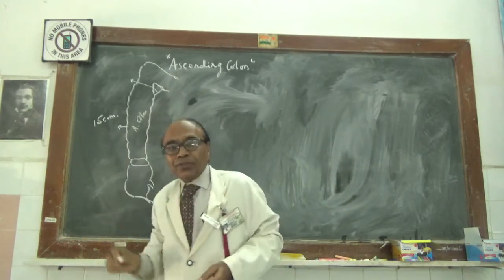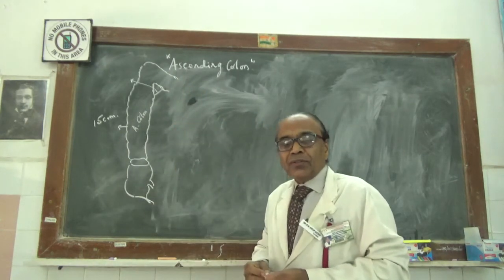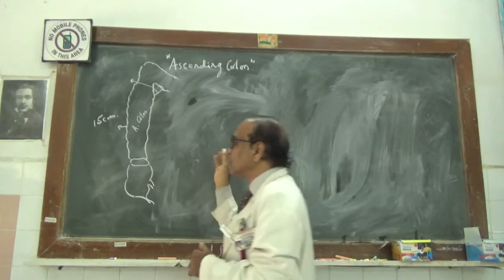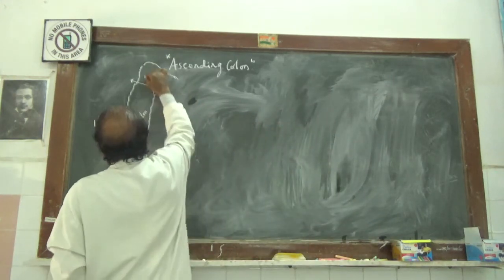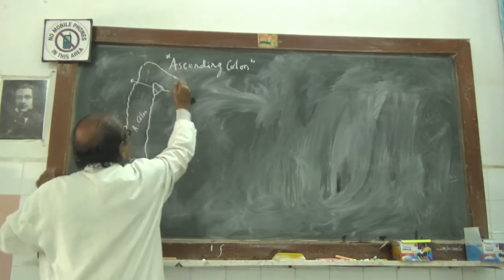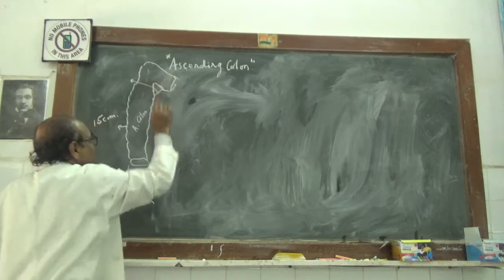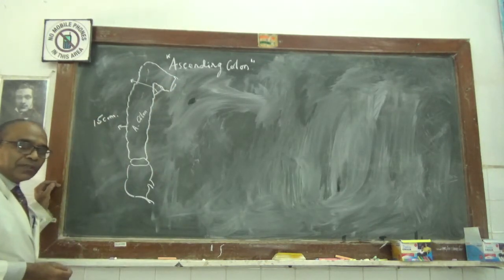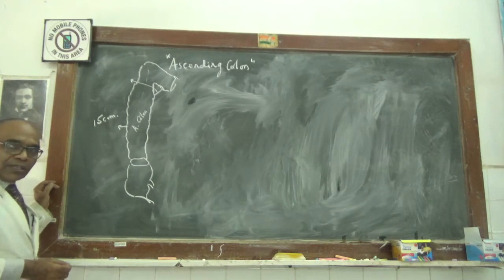This angulation is not almost triangular in look, but the long axis of the ascending colon and the long axis of the transverse colon are almost very close to a right angle, but not exactly a right angle.